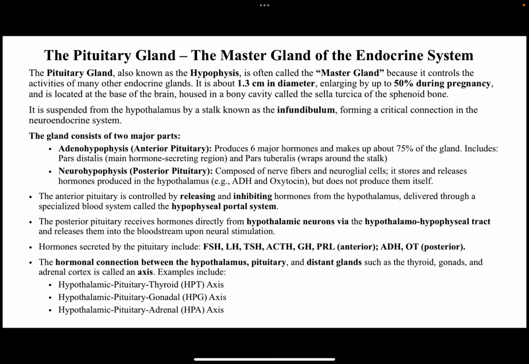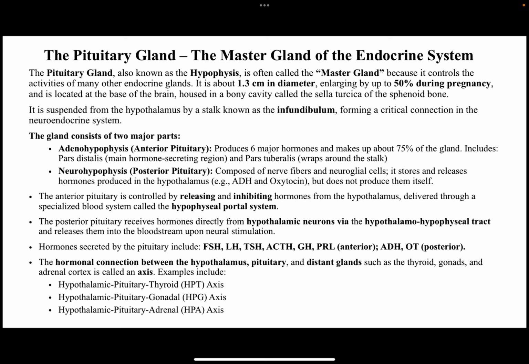The anterior pituitary gland is also called the adenohypophysis, and the posterior pituitary gland is also referred to as the neurohypophysis.